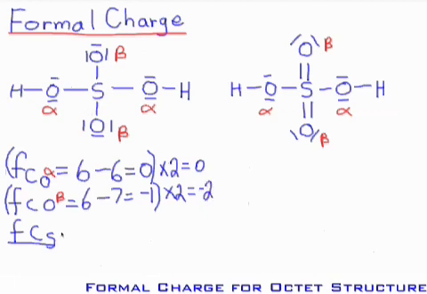Now we can do the sulfur. Sulfur is right below oxygen in the periodic table, so it has 6 valence electrons. And we count up the lone pairs. Well, we see there are no lone pairs around this sulfur, but there are 4 bonds. Sulfur gets 1 electron from each of those bonds, so 6 minus 4 equals plus 2. There's only 1 sulfur, so we multiply by 1.